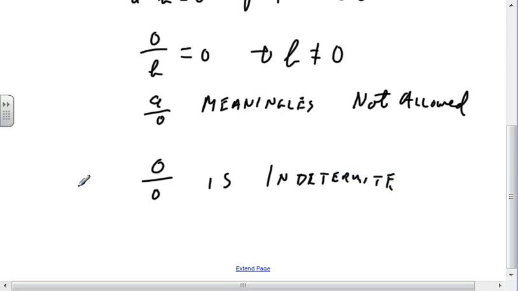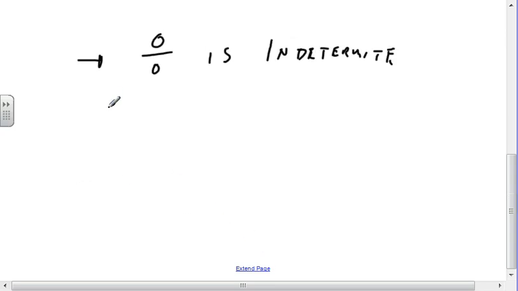So when we get to chapter 21, we'll see that if I have x divided by sine x, and I take the limit of that as x goes to 0, I say, well, as x goes to 0, the top goes to 0, and the bottom goes to 0. You have to take my word for that.